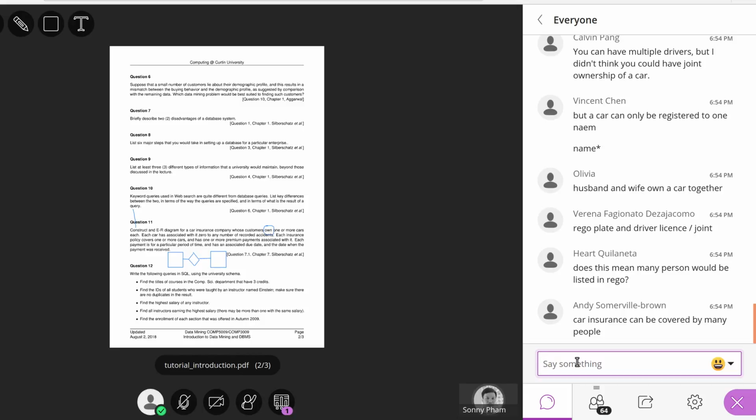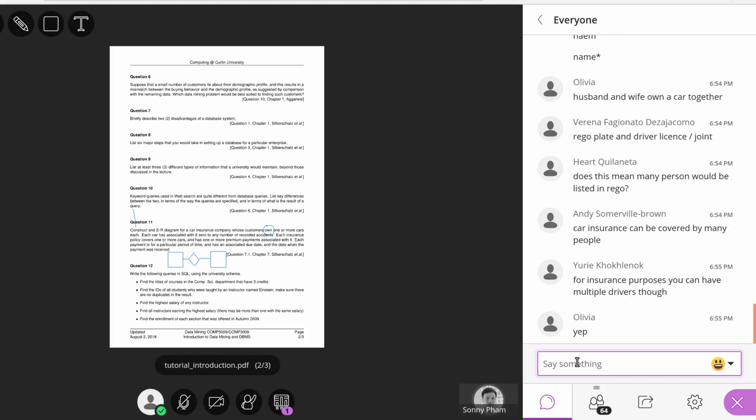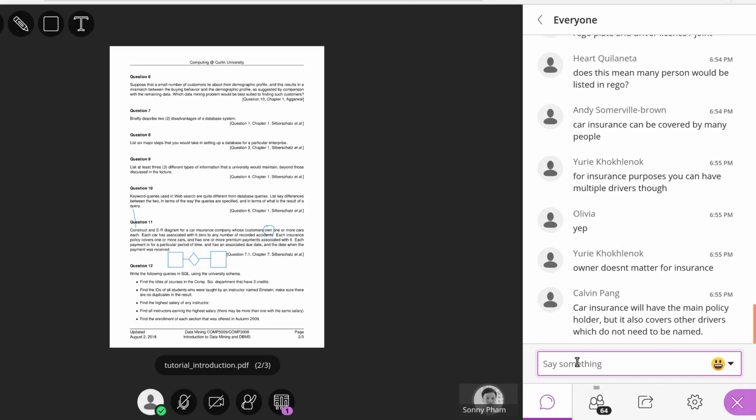It's like you can have two persons named as the owner of the car from the car insurance company's point of view, right? Yeah, you have multiple drivers. So from the insurance point of view, you want to map different customers to different cars.